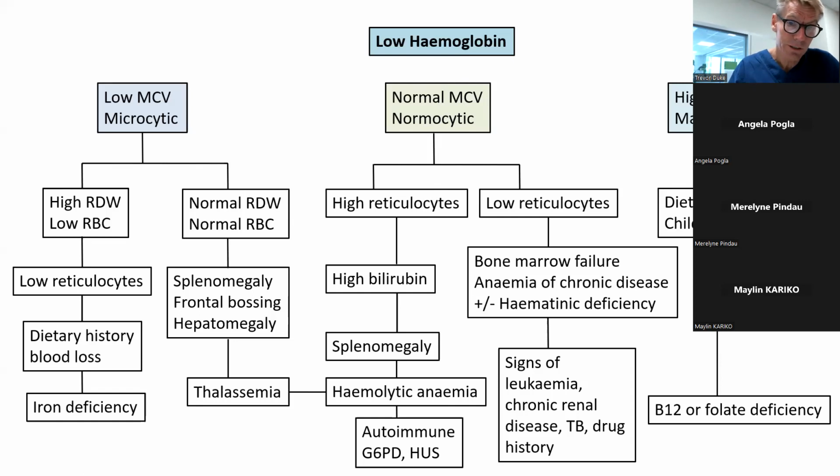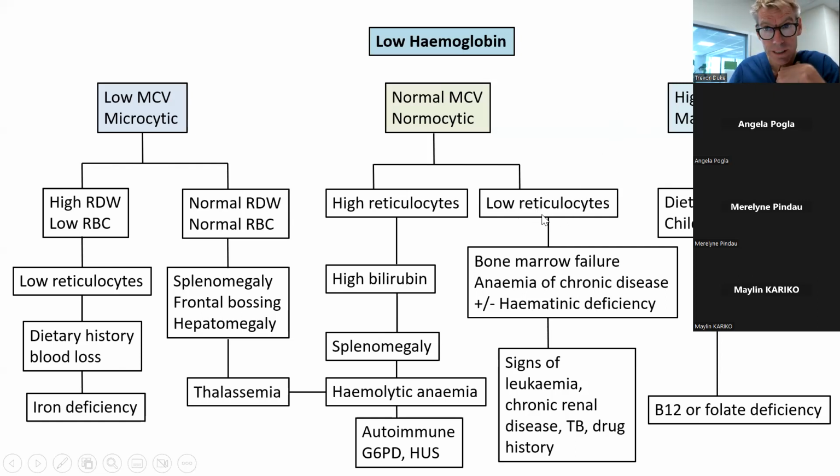Now, if the reticulocytes are high, then you start thinking that maybe they've got some hemolysis, but they'll also have a high bilirubin, they'll have splenomegaly, they may have other features of hemolytic anemia, and then you may be able to do something like a Coombs test. We'll talk more about hemolytic anemia on another teaching session, I think.